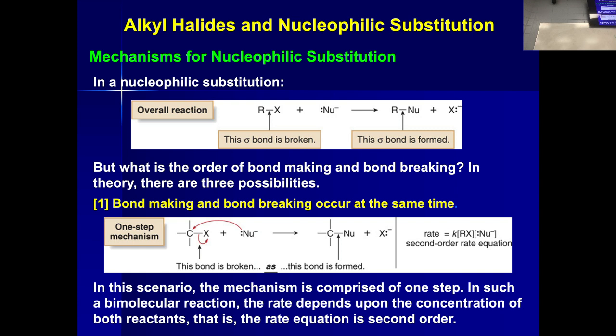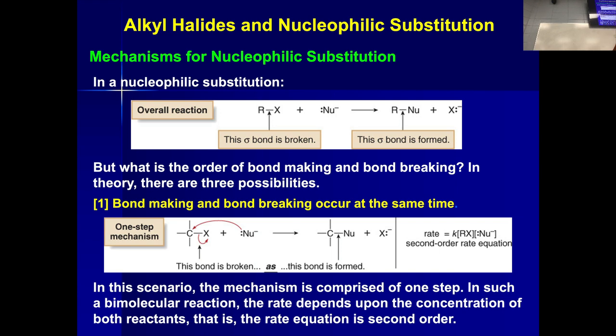And since both things would be going on at exactly the same time, the rate of that reaction would be proportional to the concentration of the alkyl halide and the nucleophile. So if I increase the concentration of the nucleophile, I increase the rate. If I increase the concentration of the electrophile, I increase the rate. We talked a little bit about that. This is called a second order rate equation. So the rate of that reaction is going to be proportional to the concentration of the alkyl halide and the nucleophile.